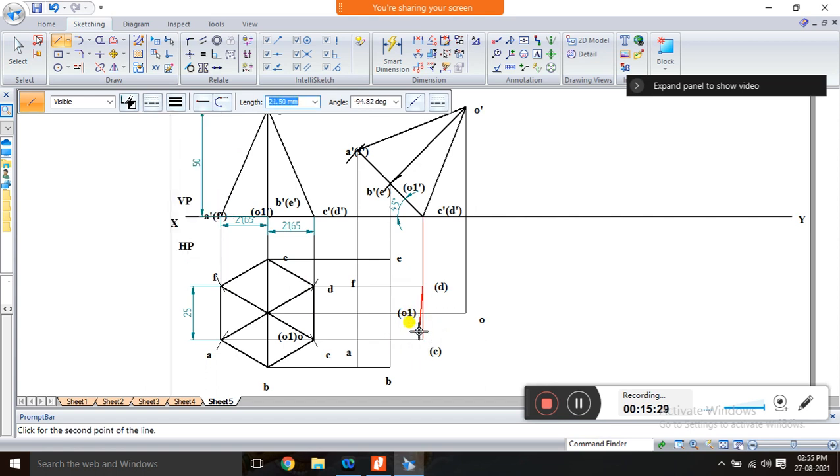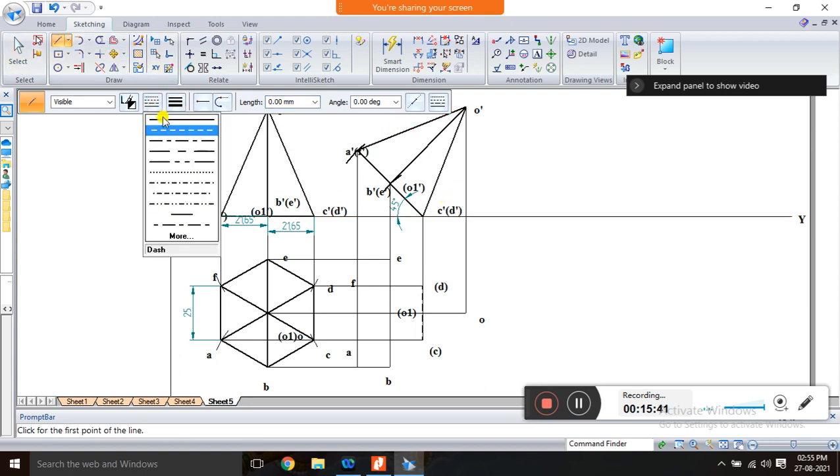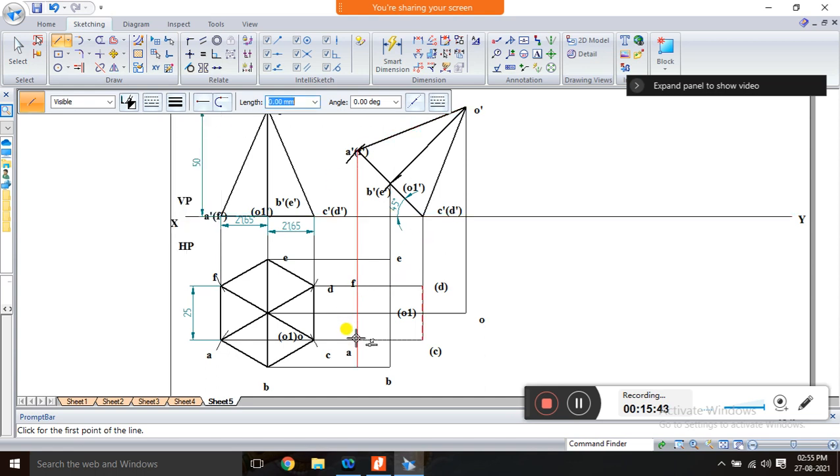This is the hidden line, so dotted line. Draw a dotted line D dash to C because it is not visible. If you see from the top, this C dash and D dash is not visible, and the rest join from A to B to C, again D to E.